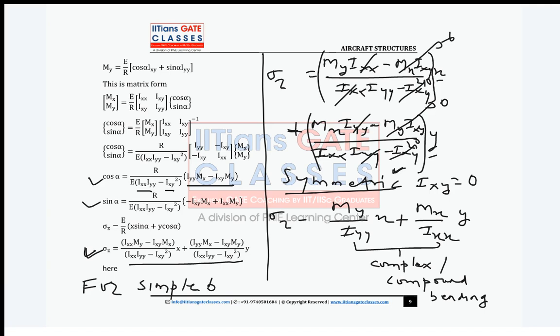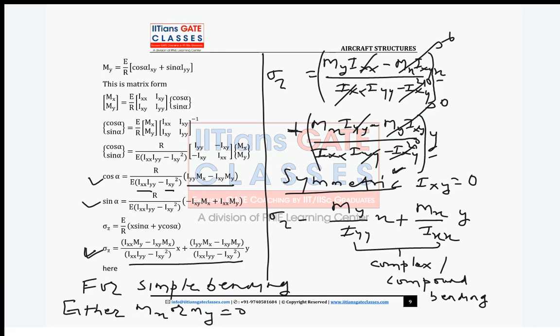In case of simple bending, either My is 0 or Mx is 0, right? Either Mx or My is 0.